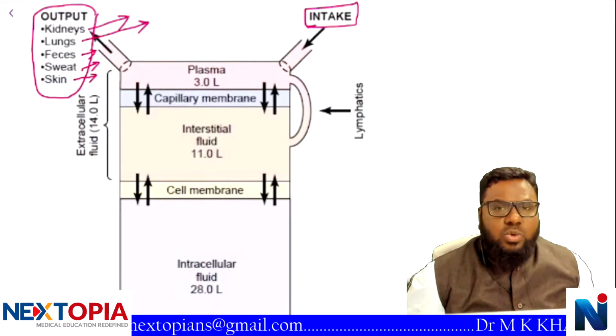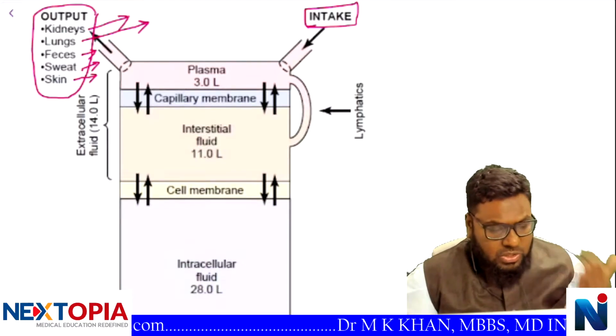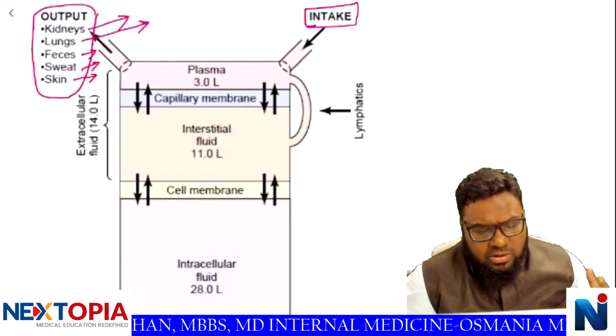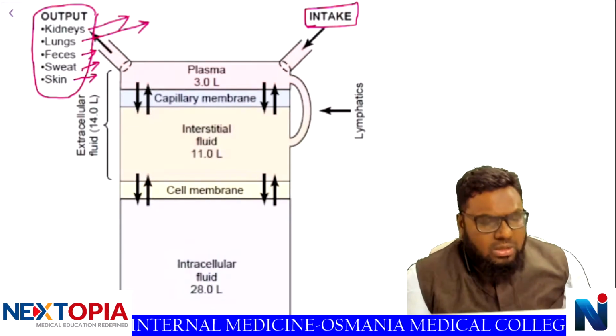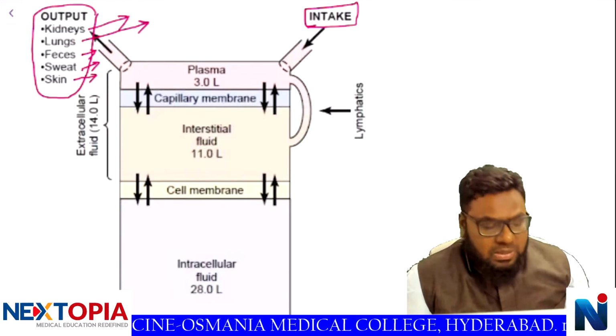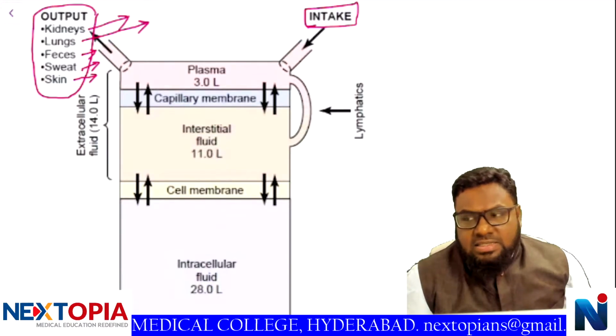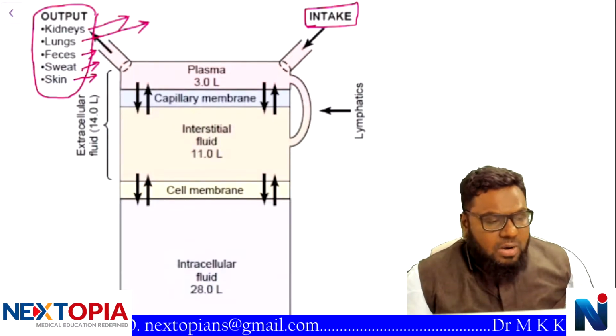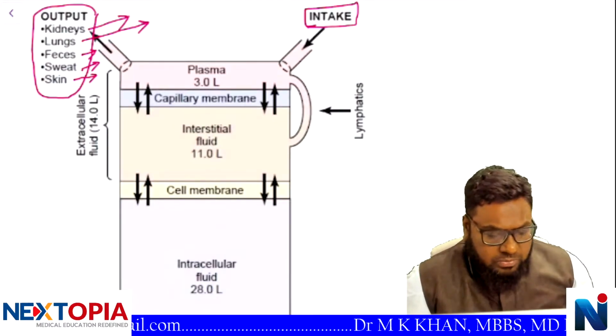Through the lungs, humidified air comes out. Fecal matter also has a small amount of water. Sweat is a significant amount of water loss, especially in summer. And through skin, the insensible water loss. All right. This is about intake and output.